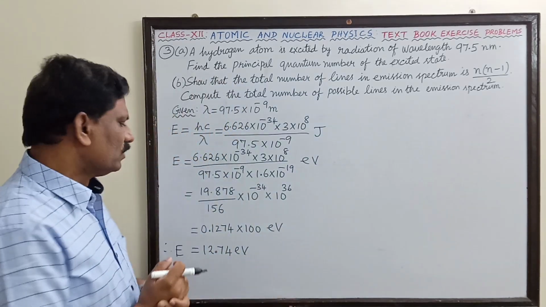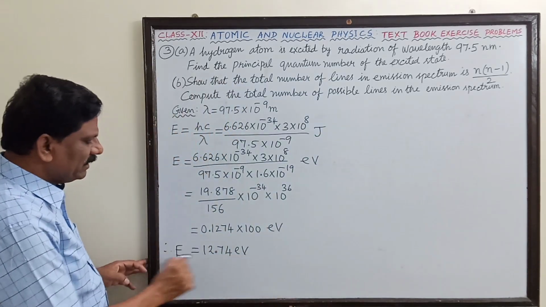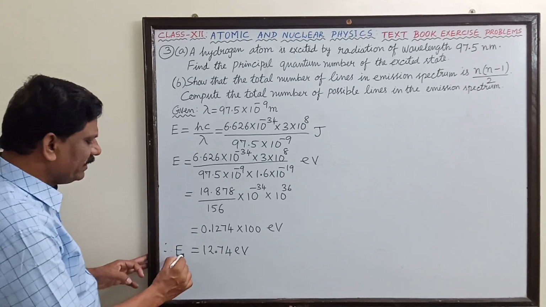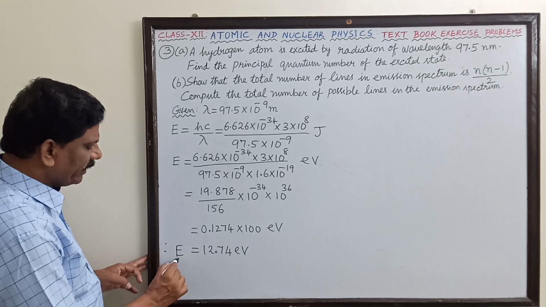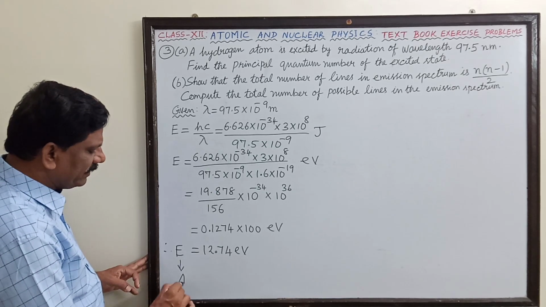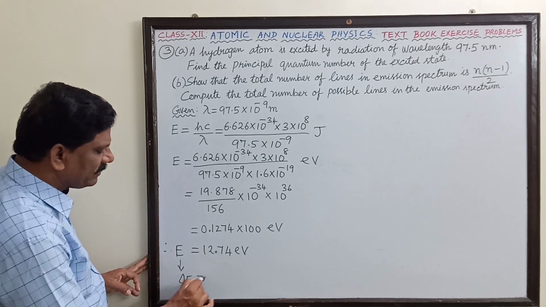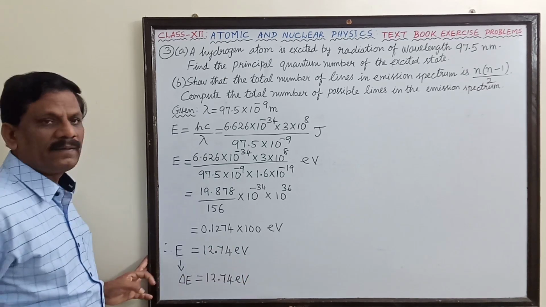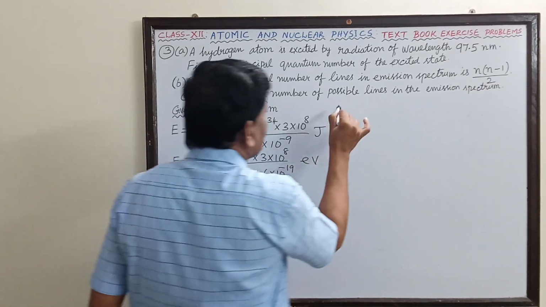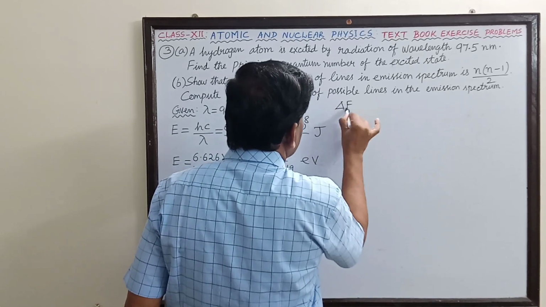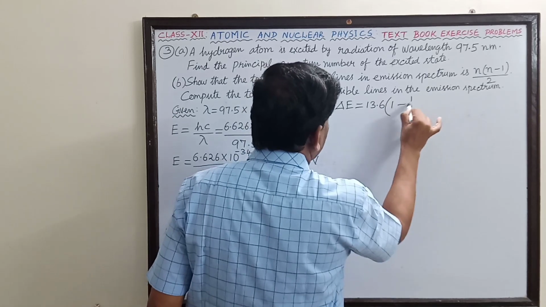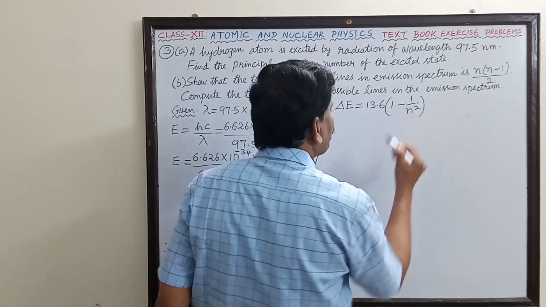Okay. So this energy also can be taken as En minus E0. Okay, this is En minus E0. So I can take that this energy is delta E, that is equal to 12.74 electron volt. But this delta E is also equal to 13.6 into 1 minus 1 by n square.